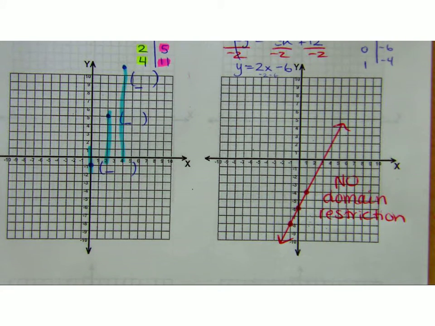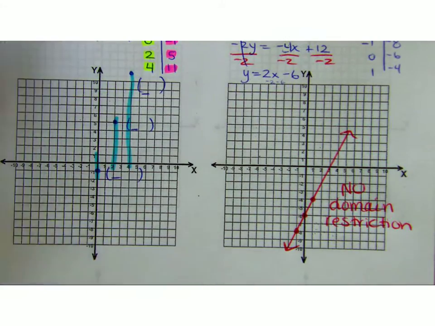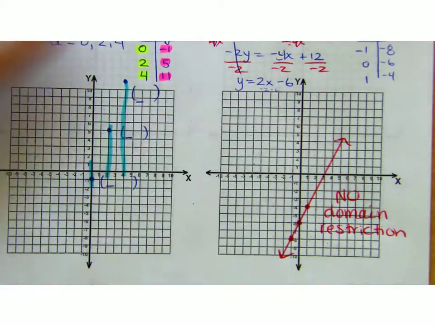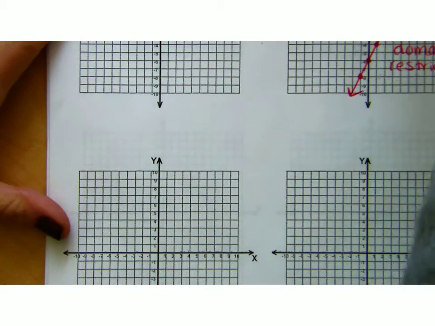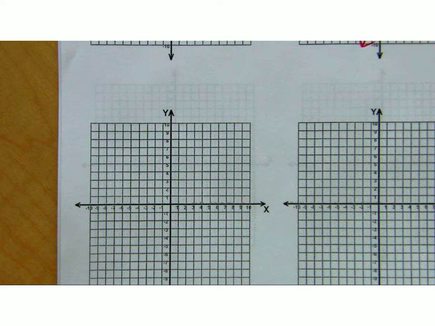So guess what? This book, man, they got you all over the place. Here's a domain restriction, here isn't. Guess what we're going back to? Domain restriction. So we've done both of these examples. I want you to kind of move over to this bottom one here, but it's going to be a little different. So I want you to kind of think about what this means.